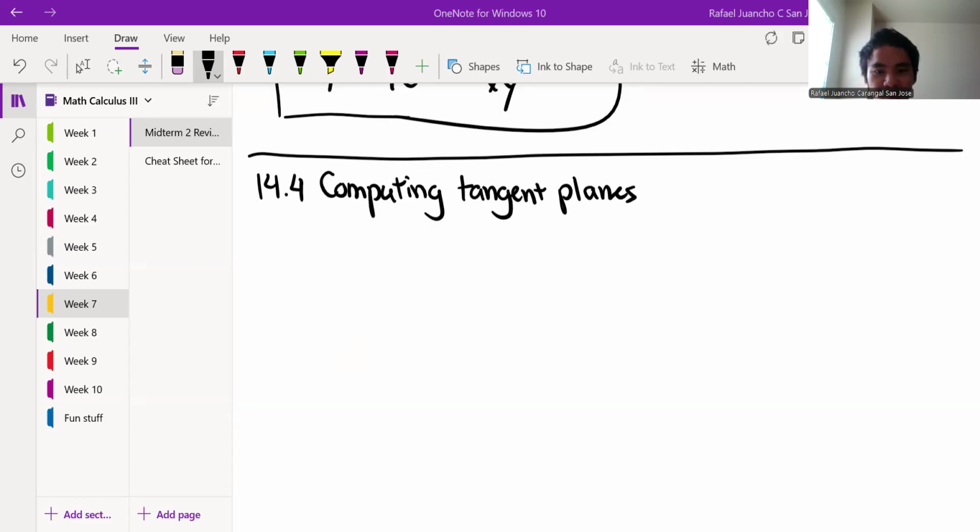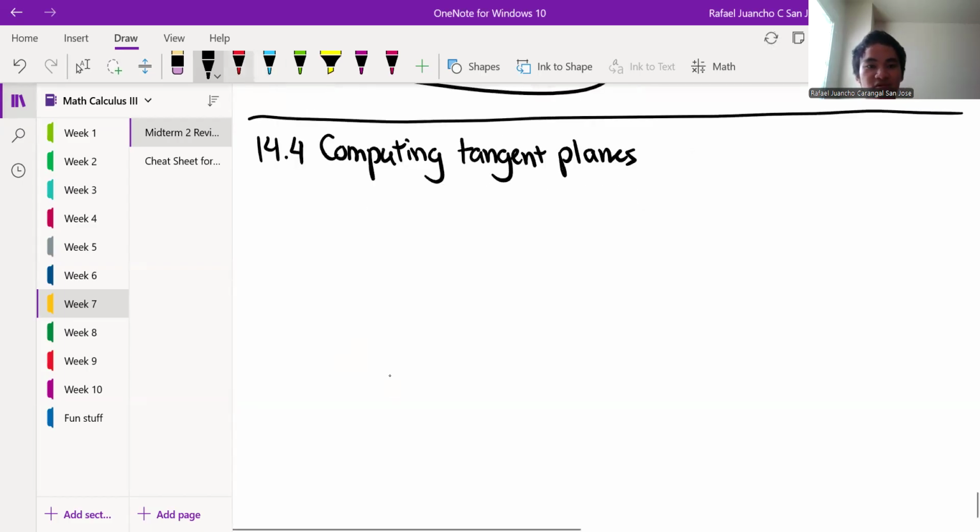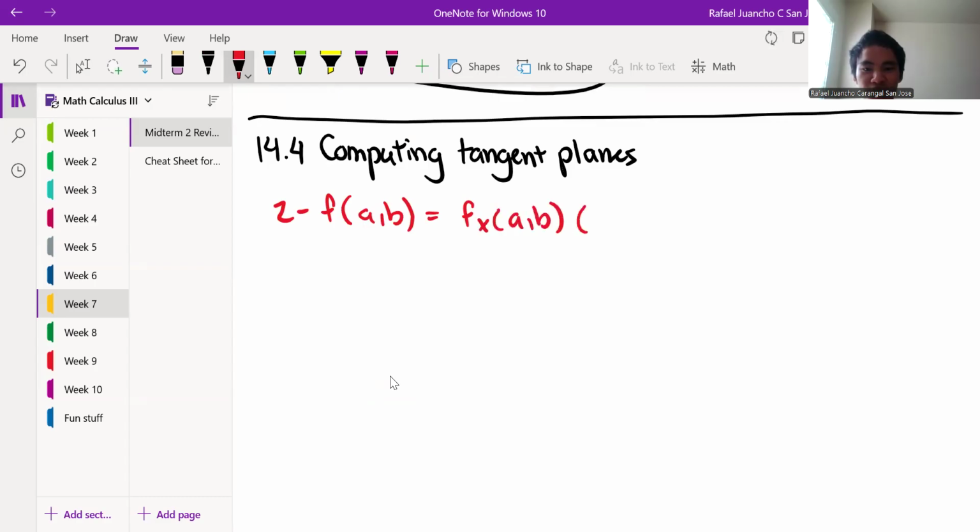14.4, more on computing tangent planes. We really just have to think about this formula and then just plug in. That's it. And I think it was some f sub x at that point. And then here we look at some slopes, right? There's a derivation of how this works.